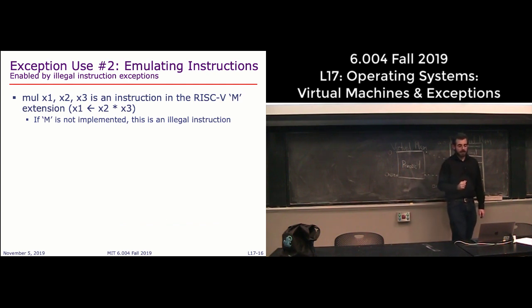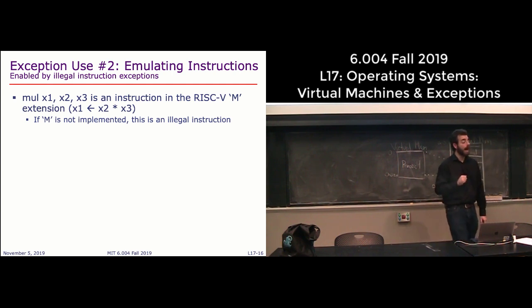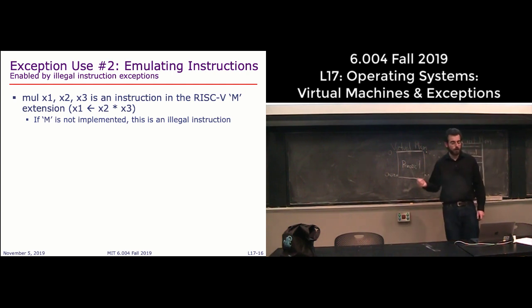Good. All right, so the next use for exceptions is to emulate instructions, to emulate hardware that we do not have. Let's just look at a very concrete example. So RISC-V has many variants, many ISA variants, and what you've implemented is what we call RV32I, which is the most basic subset of the instruction set.